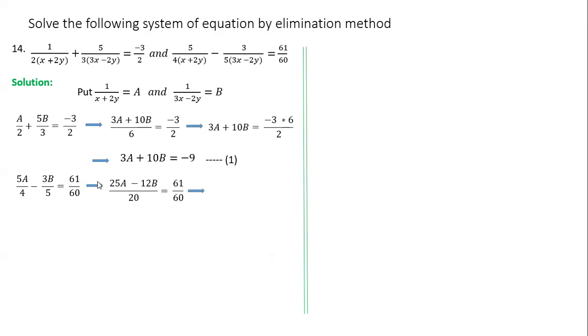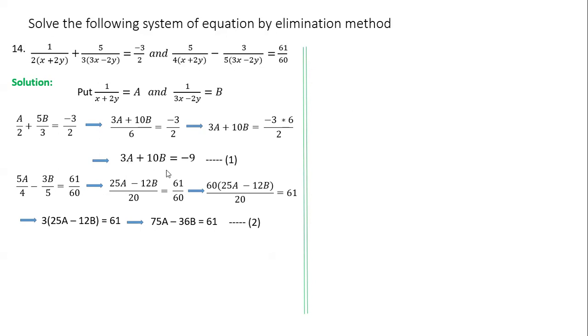Now take 60 this side. 25a minus 12b upon 20 is equal to 61 upon 60. 20 3s are 60, so it becomes 3. 25a minus 12b is 61. Open the bracket. It becomes 75a minus 36b is equal to 61. This becomes the second equation.